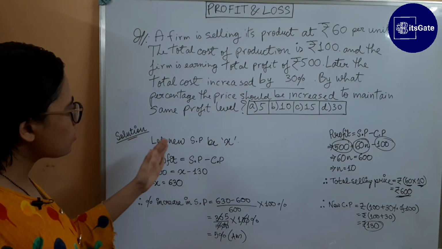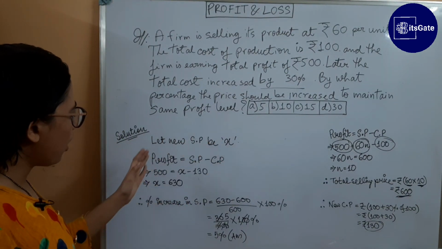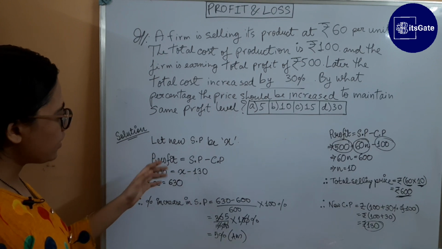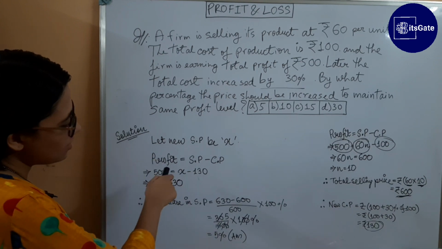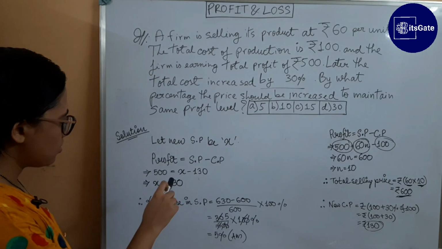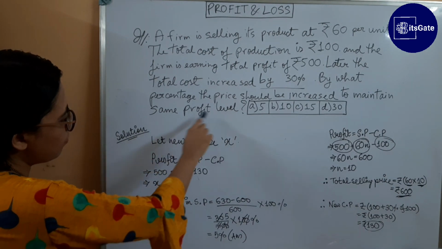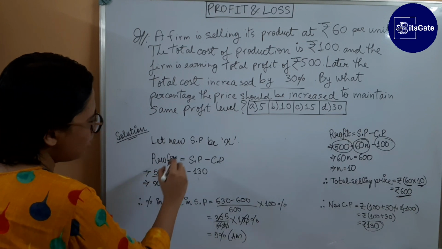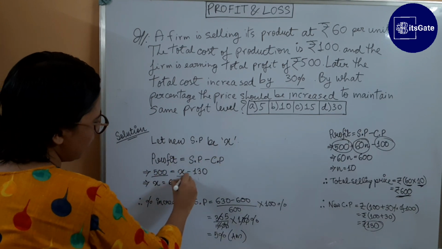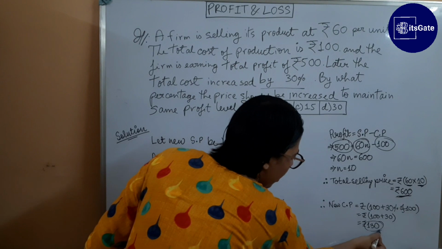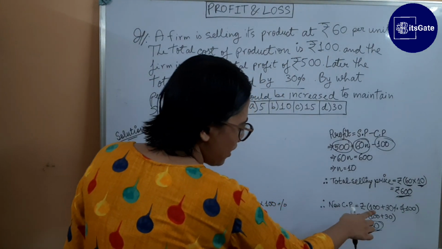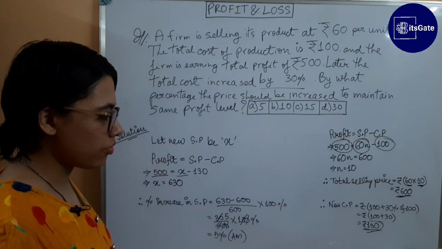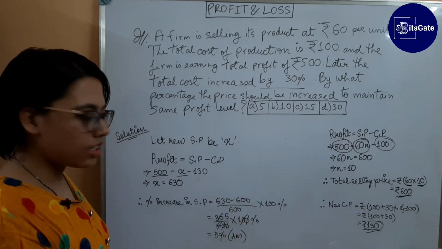So let the new selling price be X. Now again we know that profit is equal to selling price minus cost price. So here we have the same level of profit, that is rupees 500 only, and the new selling price we have assumed as X, and here we have found the new cost price or cost of production as rupees 130.